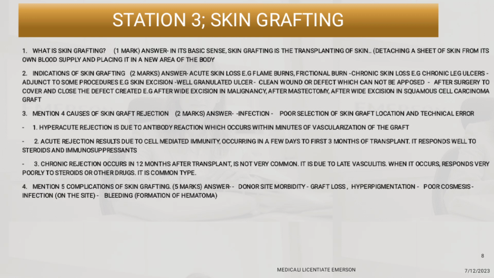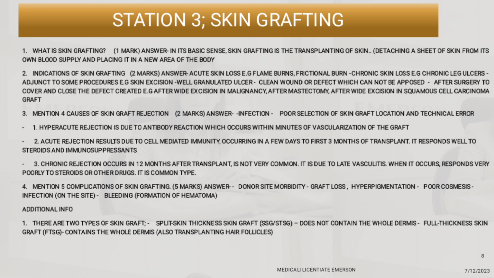Then complications of skin grafting can include donor site morbidity, graft loss, hyperpigmentation, poor cosmesis, and infection at the site. Can also have bleeding, and formation of a hematoma after it has bled. Then additional information: there are 2 types of skin grafts.